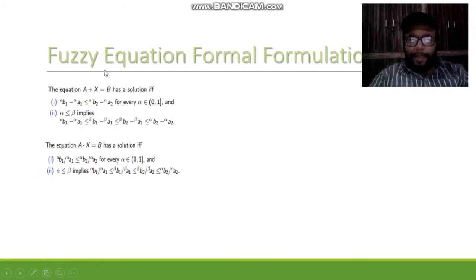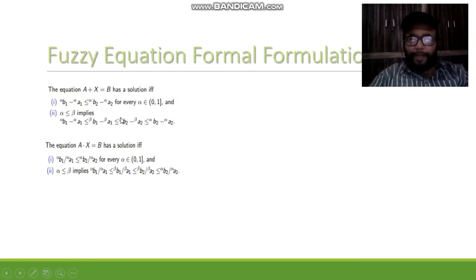And alpha is less than or equal to beta. The alpha cut is less than or equal to the beta cut. What is this? The alpha cut of b1 minus a1 is less than or equal to the beta cut of b1 minus a1. This should be less, because this is the lower side of the number, the left hand side of the range, and this should be more. This is the right hand side.